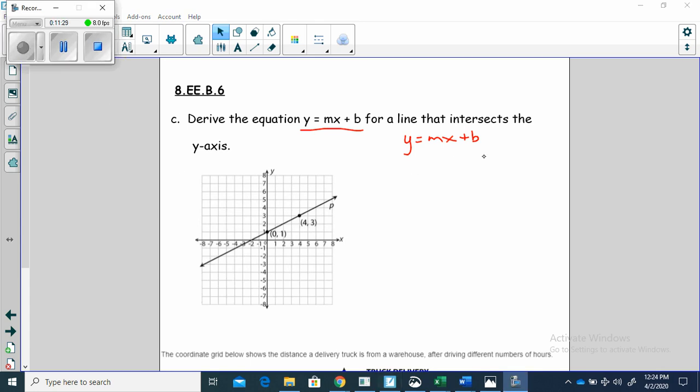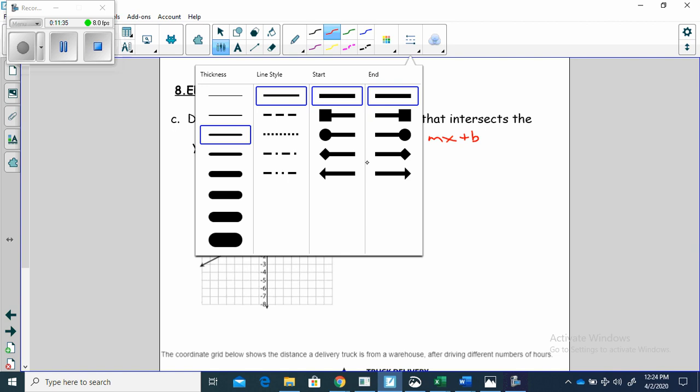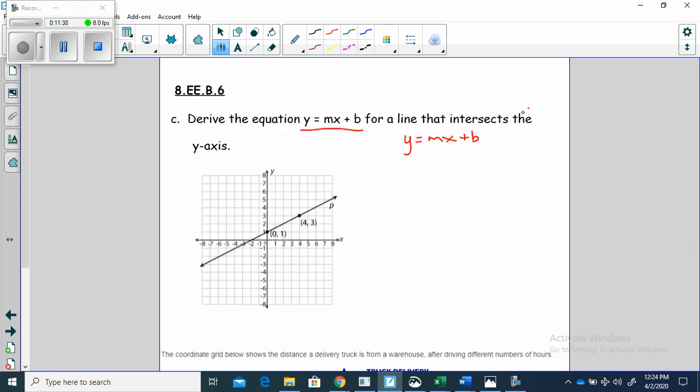And since it's that 1, we put 1 in place of b. We're going to substitute 1 in place of b. It's where this line crosses the y-axis, where it intersects it.